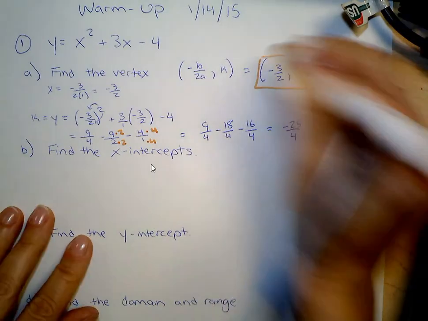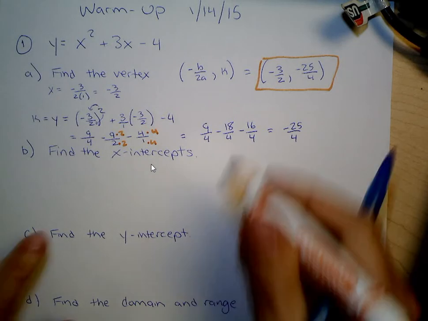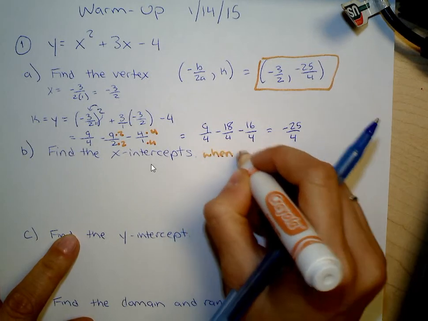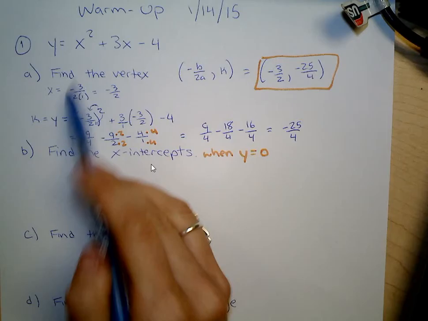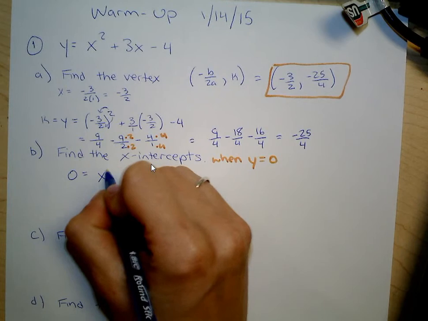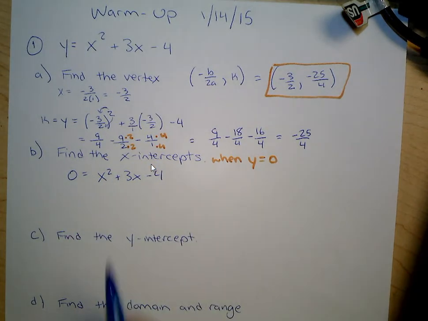That's part A. All right, part B, find the x-intercepts. X-intercepts means when y is equal to 0. So I'm plugging in 0 for my y. So 0 is equal to x squared plus 3x minus 4. There's two ways that I can solve this now.